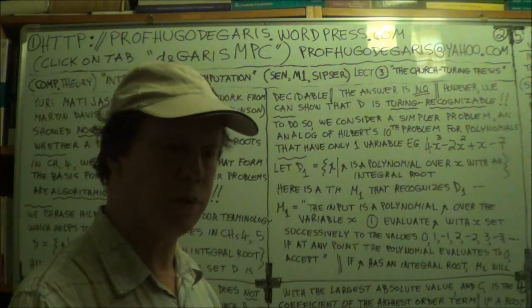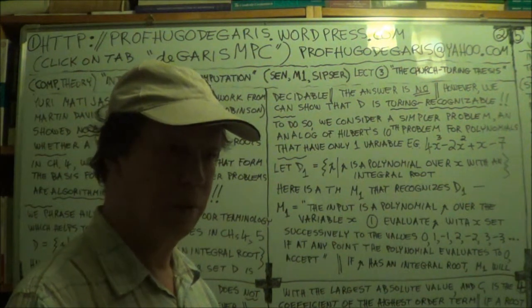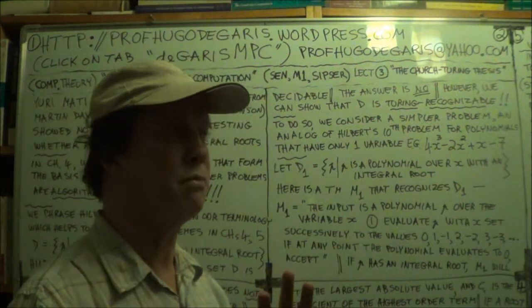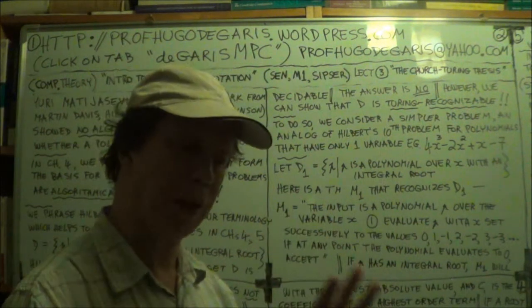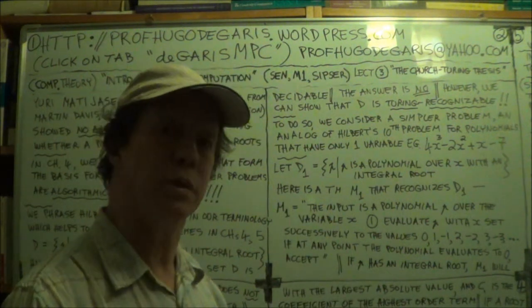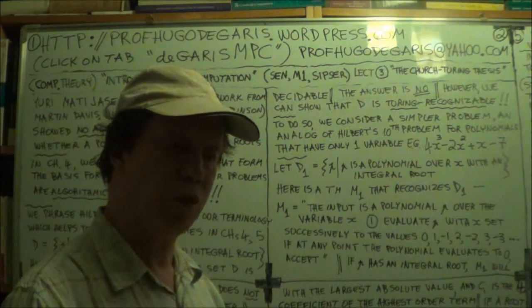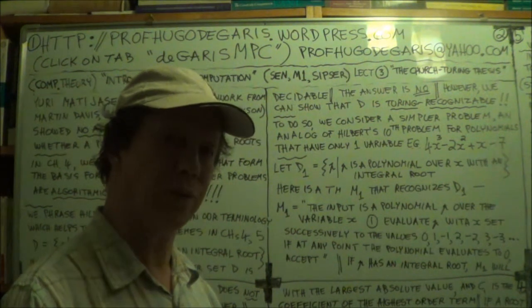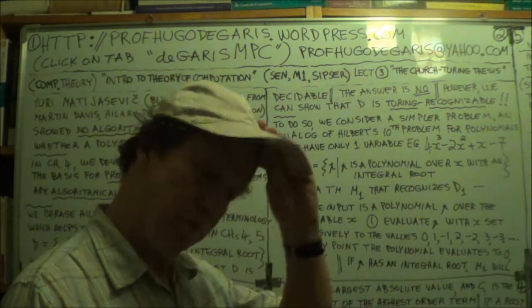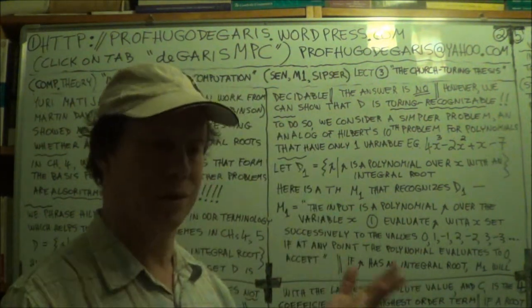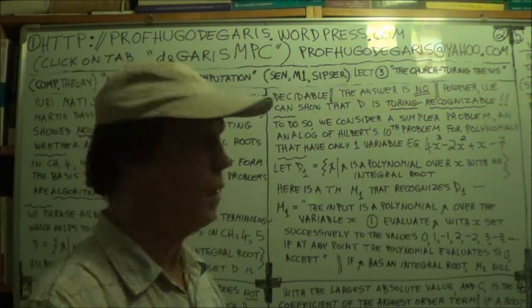Therefore, that language is undecidable, because there is no Turing machine that can decide that language, meaning decides in the sense that it either accepts or rejects.